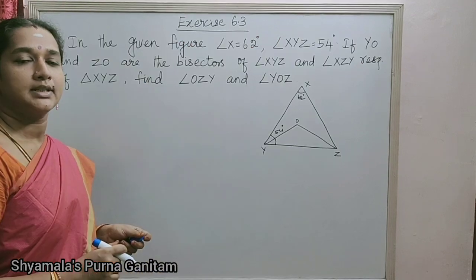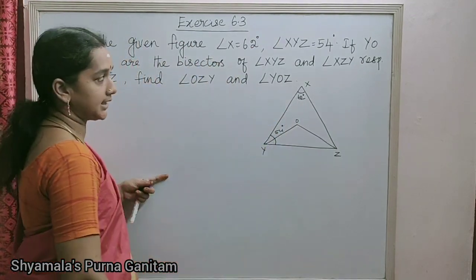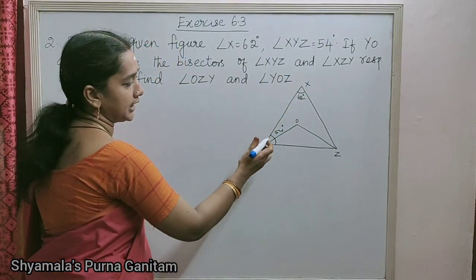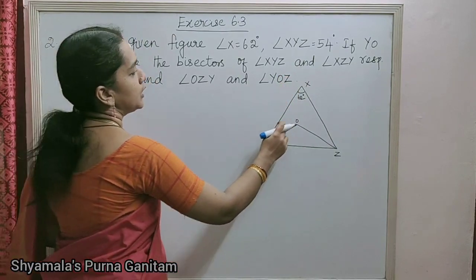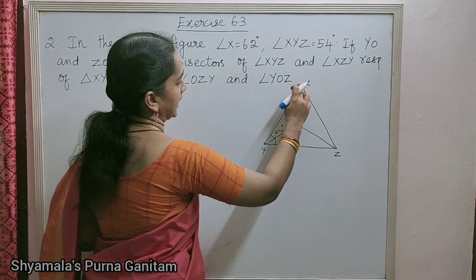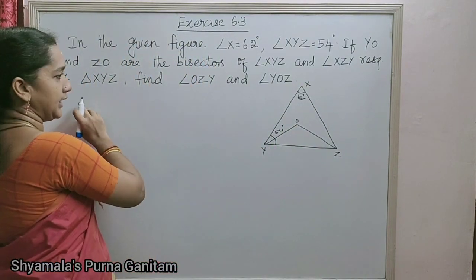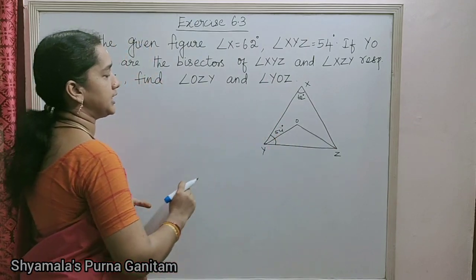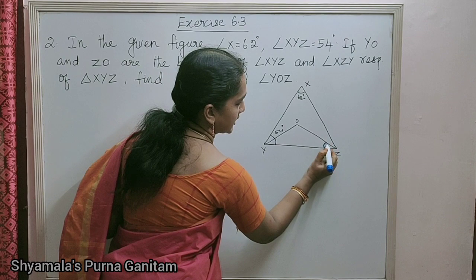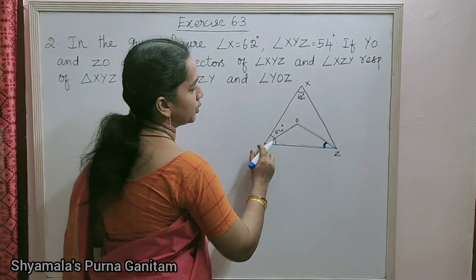Okay. Second sum is, in the given figure, angle X is equal to 62 degrees. Angle XYZ is 54 degrees. That is the whole angle. If YO and ZO are the bisectors of angle XYZ and XZY respectively of triangle XYZ, find angle OZY and angle YOZ.